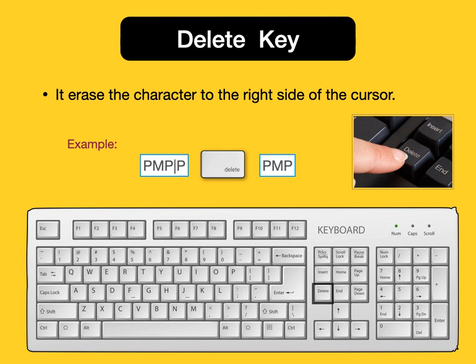So delete key is used whenever we want to remove any letter or character to the right side of the cursor. For example, here I have written PMPP and now I want to remove the last P, and that is on right hand side of my cursor. So I press delete button and it will remove one P from the right hand side.